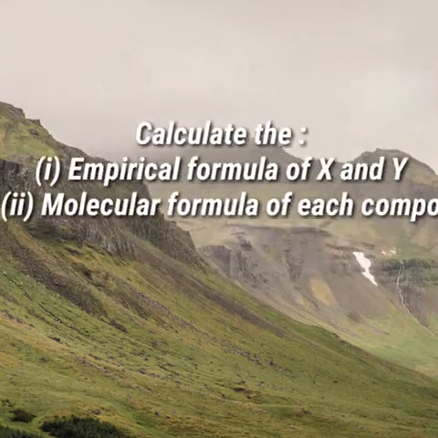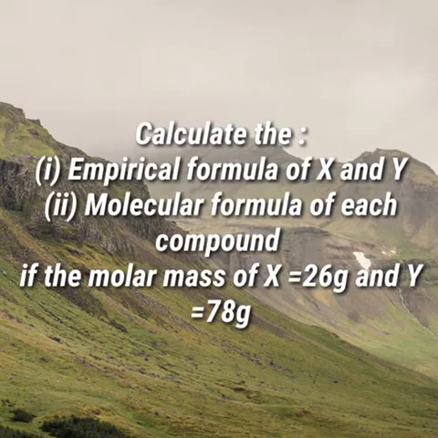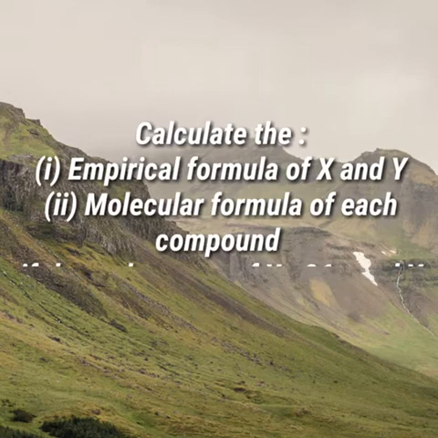Then calculate, Roman figure 1, the empirical formula of X and Y, and also Roman figure 2, the molecular formula of each compound, if the molar mass of X is 26 gram and Y is 78. So let's go ahead and work it.